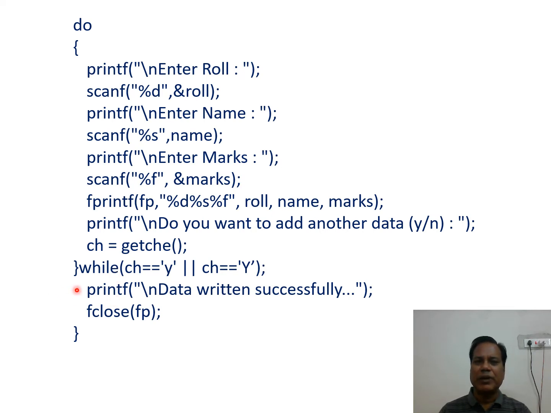The next statement after the do while loop is printf "Data retained successfully", and then the file is closed with fclose(fp); By this statement, that is by the fclose function, the file pointed to by the file pointer fp is closed, and this bracket is the end of the main function.